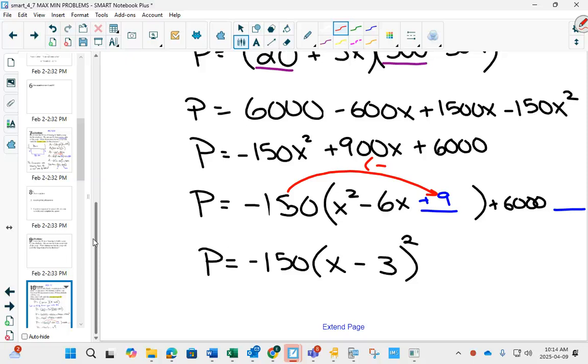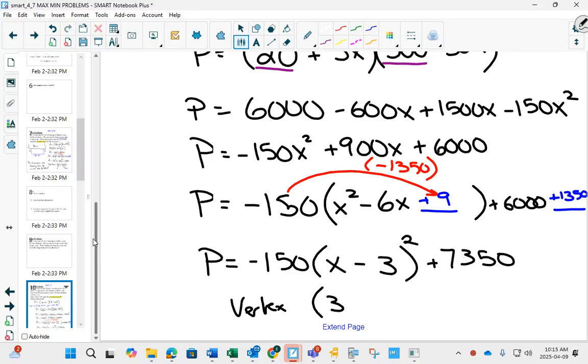Negative, because it's negative. 1350. Excellent. So then to compensate, add 1350, which makes this plus 7,350. And our vertex is 3, 7,350.